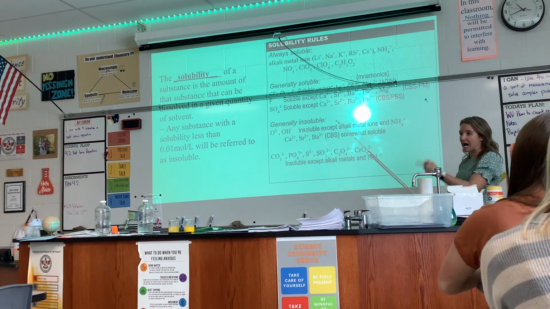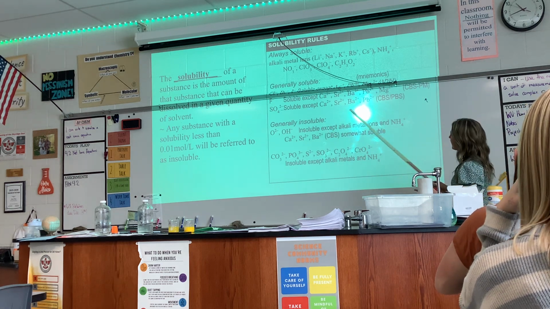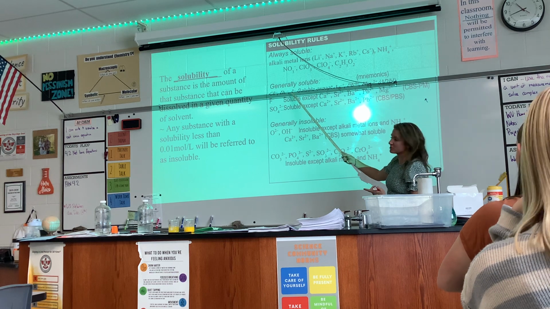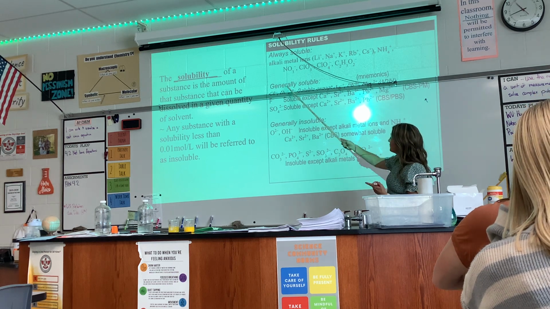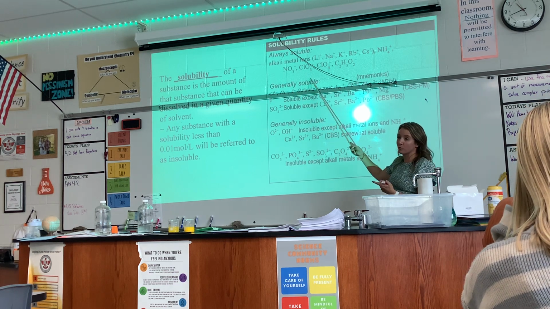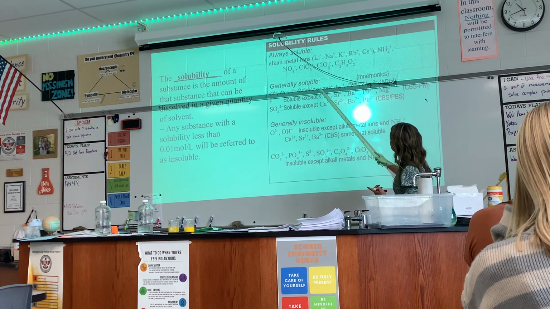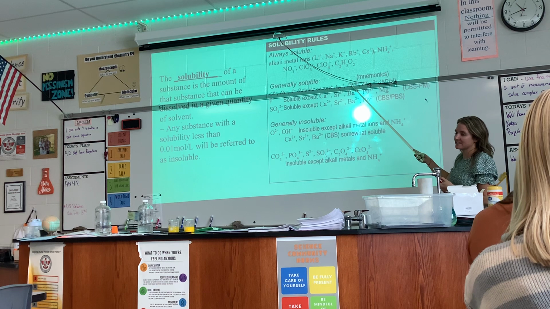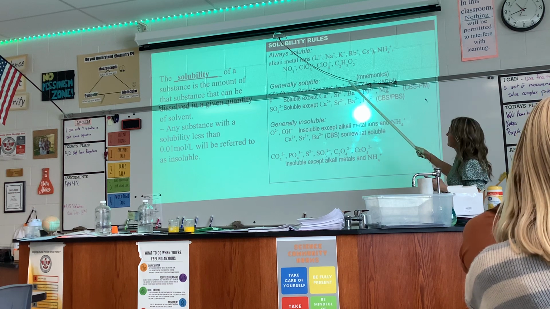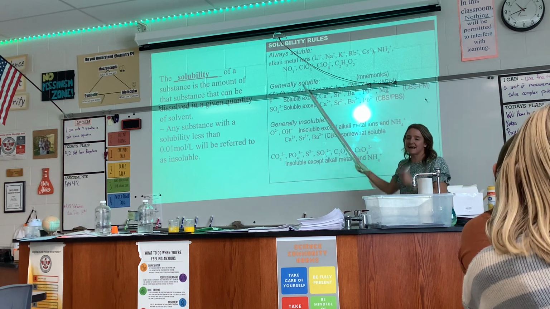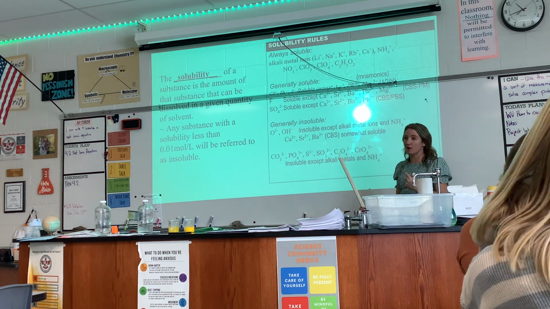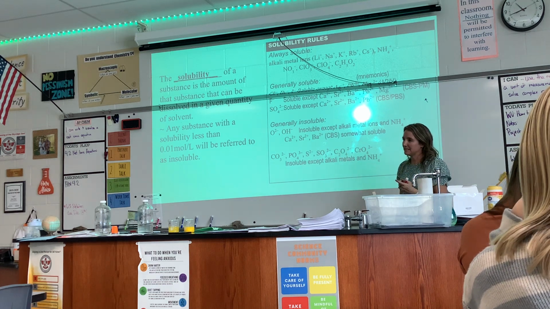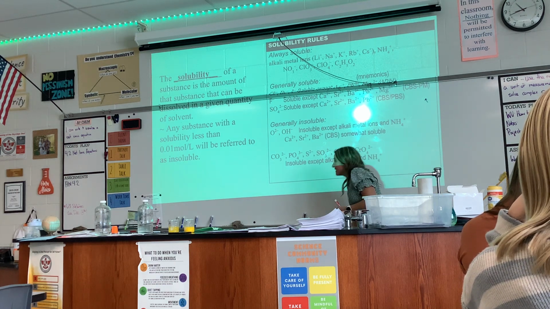So our solid was iodide, right? So I find I minus, which is right here. It's under the category of generally soluble, but then notice except with, and lead's in the exception list. So because the thing we made was PbI2, that's how I knew it was going to be insoluble and not dissolved.